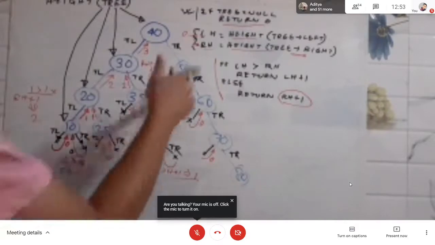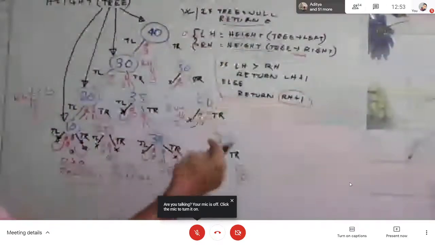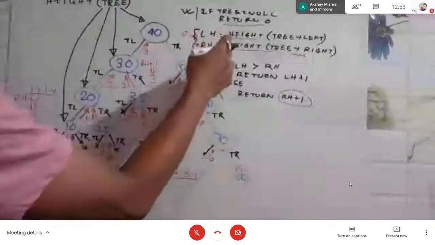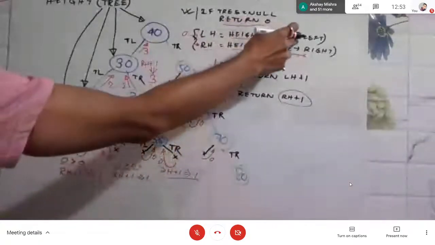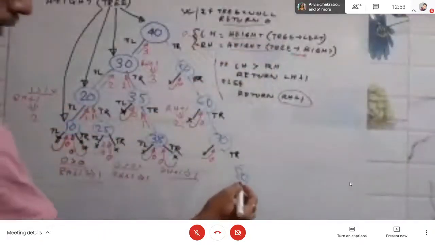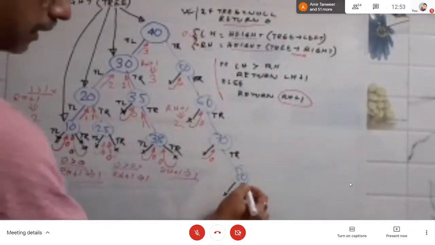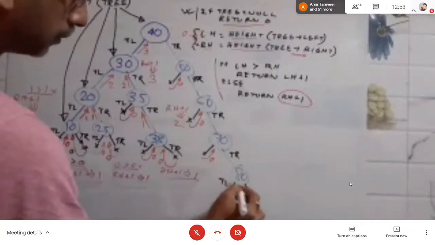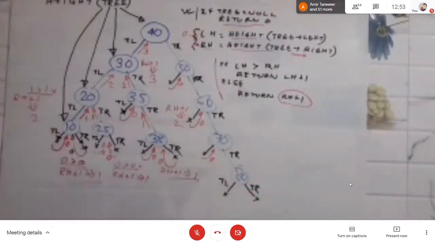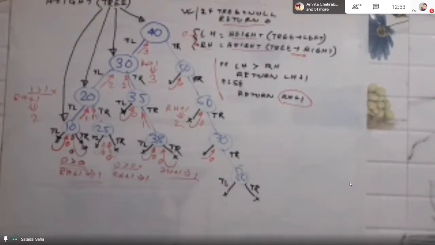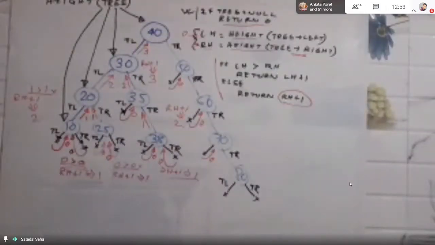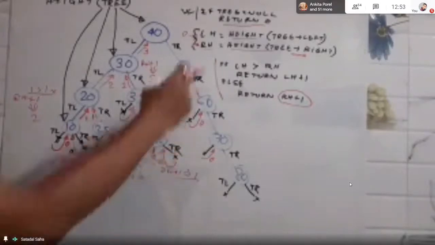Now, as 80 is not null, it will not return 0. Rather, it will execute these two lines, that is height with its left subtree and height with its right subtree. Sitting at 80, it has the left subtree, which is null, and the right subtree, which is also null. So first it will call the left subtree, which is null, and from the left subtree it will return back the value 0.